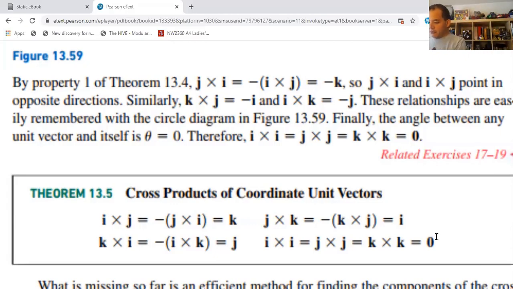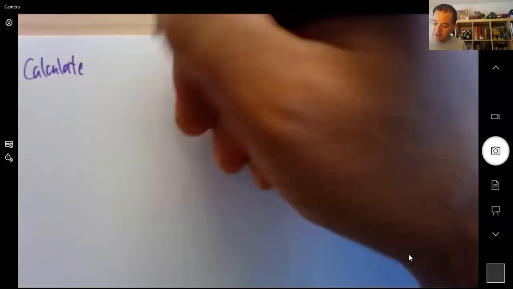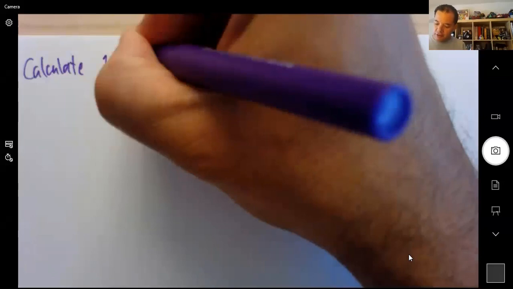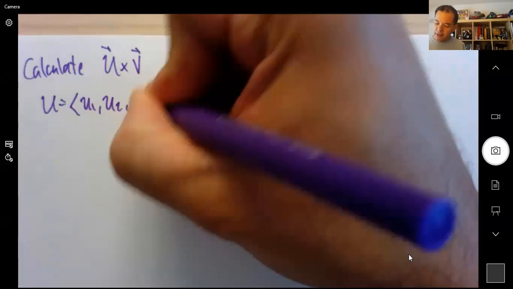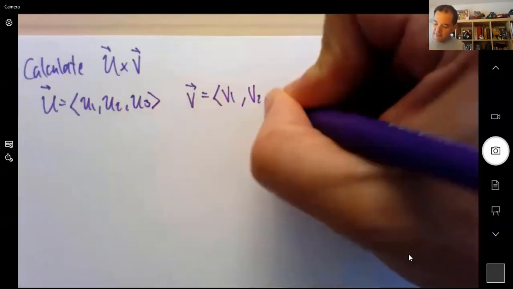So let's see if we can do the cross product of two arbitrary vectors. We want to calculate u cross v, where u will be u1, u2, u3, any numbers, and v will be v1, v2, v3.